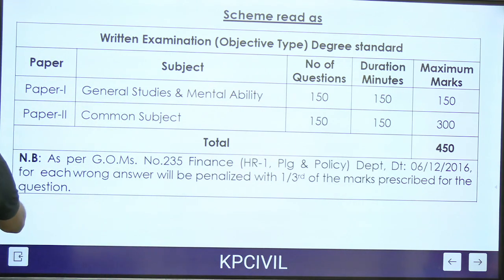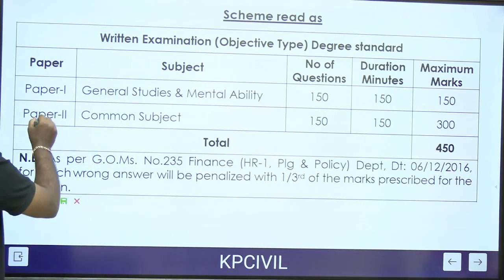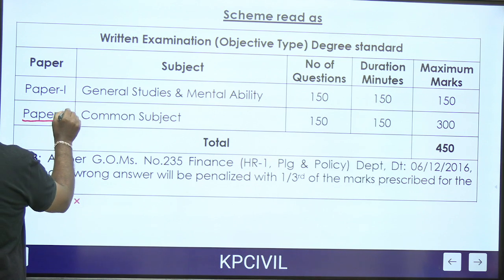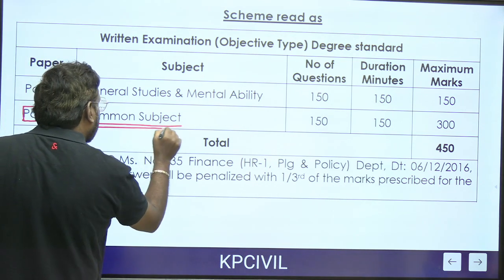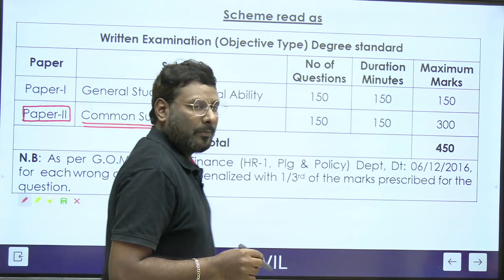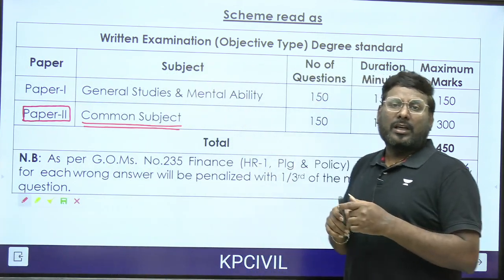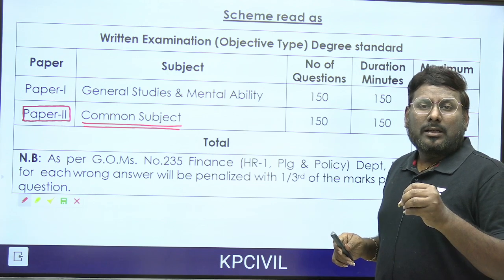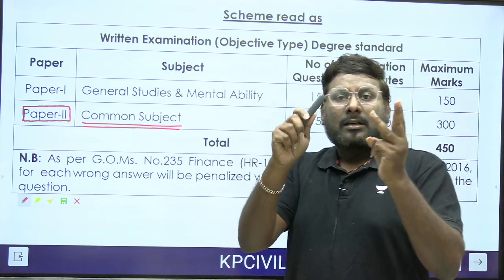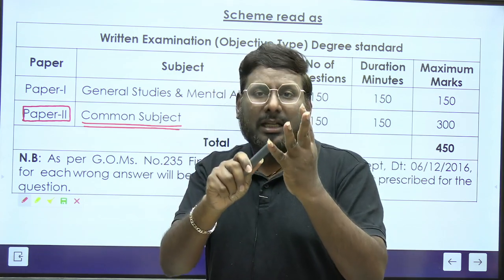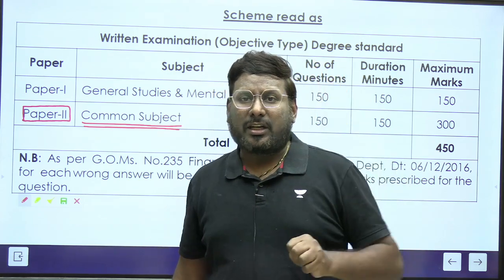This is very clear. Paper 2 is a common subject for all branches, because the notification says it can be applied for by civil, mechanical, chemical and environmental engineering, 4 branches of engineering.